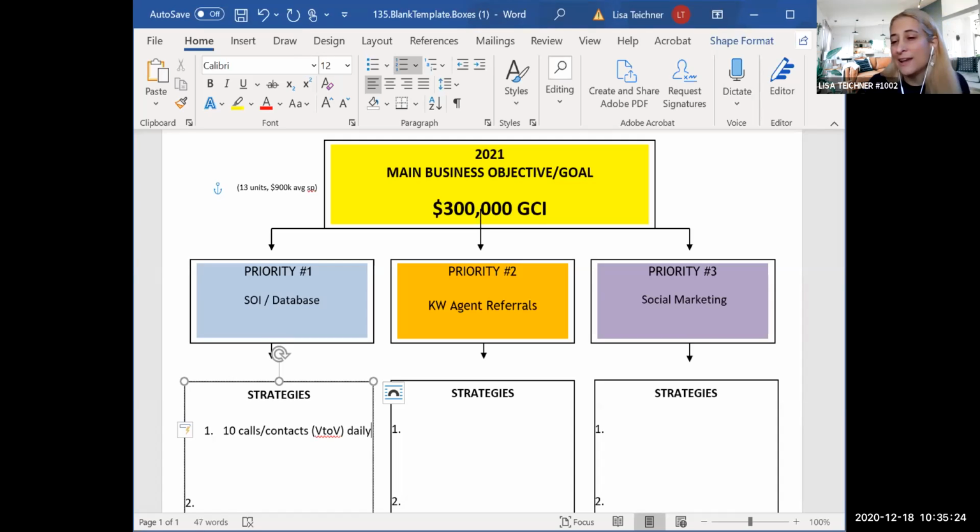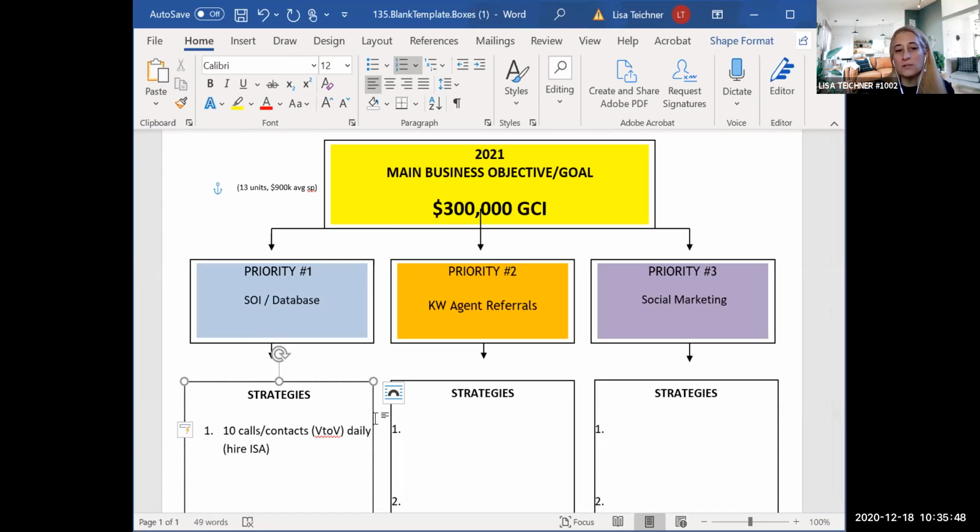You could also say annually what this would be, but that's probably going to freak you out. So let's just say 10 daily. Then we would say, okay, is that you making the calls and having the voice-to-voice contacts every day, or is it somebody else? And if it's somebody else, then you put ISA or hire ISA.